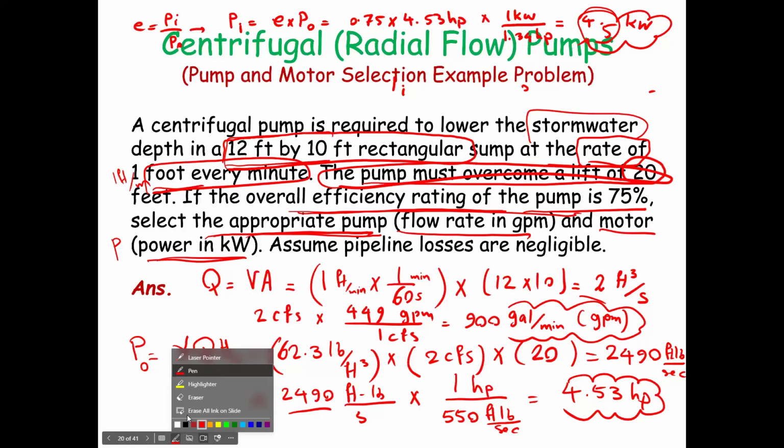0.75 multiplied by 4.5 divided by 1.34. You should divide the 4.53 by 0.75. You mean that it should be divided by that? Efficiency is out to in, right?